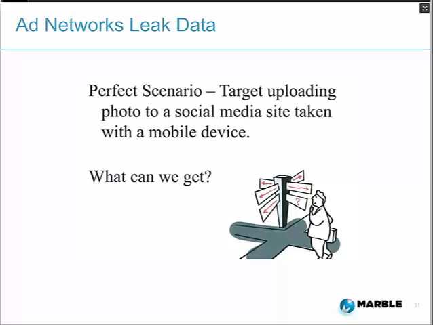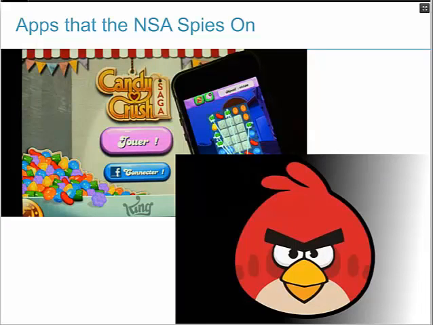This is actually a slide out of one of the NSA Snowden documents that was released recently, which is talking about sniffing traffic that's unencrypted out of ad libraries inside of apps. Here's a couple of examples of apps that the NSA spies on: Candy Crush, Angry Birds. We've heard about a bunch of them in the last week, but these have app libraries compiled into them that communicate data that is non-encrypted, and that's where they're getting it. Now, if the NSA can do it, so can any criminal sitting on a Wi-Fi.